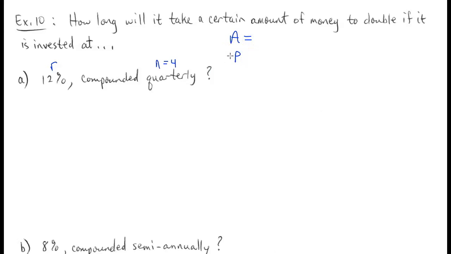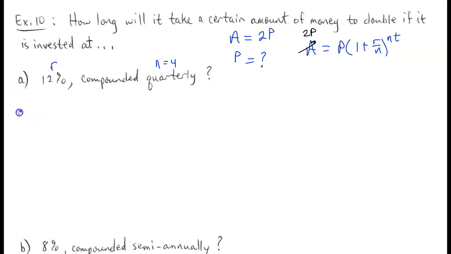But all we know is that whatever P is, A is going to be double that. So here, P is a certain amount. We know that A has to be twice that. So if we use this in our formula here for compound interest, we know here that this amount is just going to be 2P.